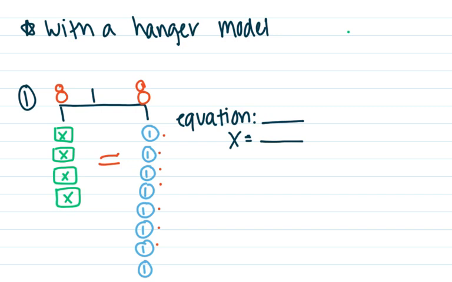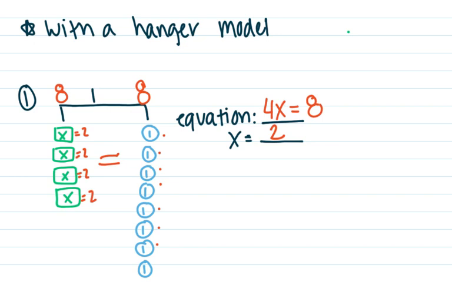And so that makes my equation be 4x needs to equal 8. Well, then how much does each x need to be? In order to make that happen, each x needs to be 2 circles, and those circles represent 1. So that means x needs to be 2. So if each of these was a 2, then we would be able to add up to the 8 that we need.